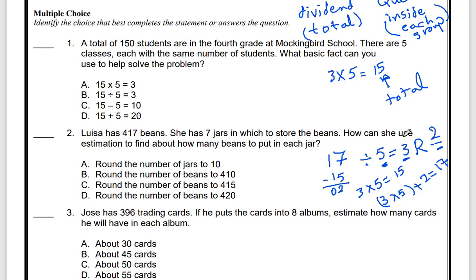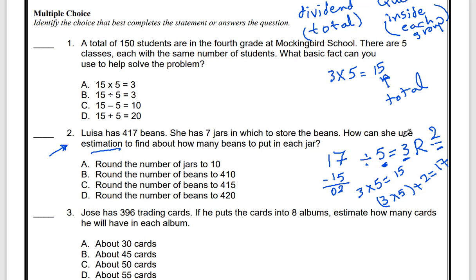So my heroes, it is very simple. Let's see question number 2, this one. Here we need estimation, so we will estimate.